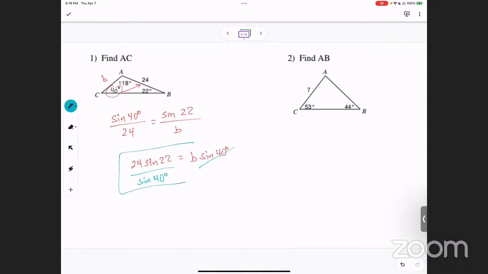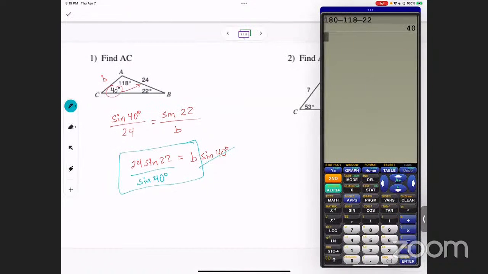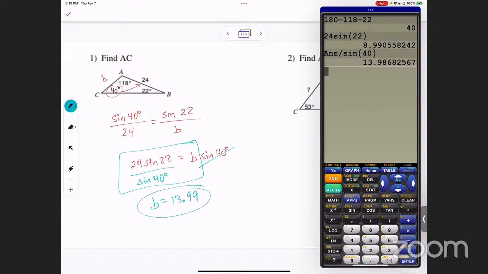So b equals that. Let's type that in: 24 sine of 22, make sure your calculator's in the right units, which it is, divided by the sine of 40. And there's my answer. B equals 13.99. Got it, Gabriel?